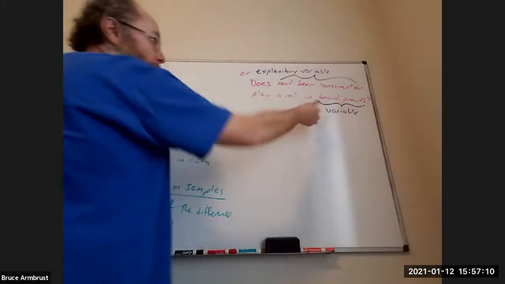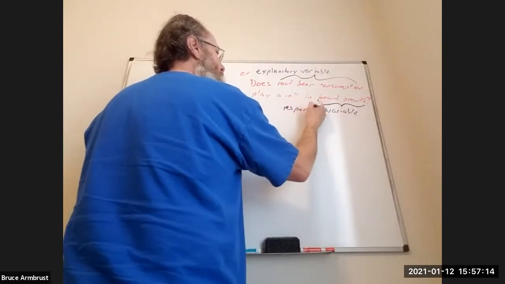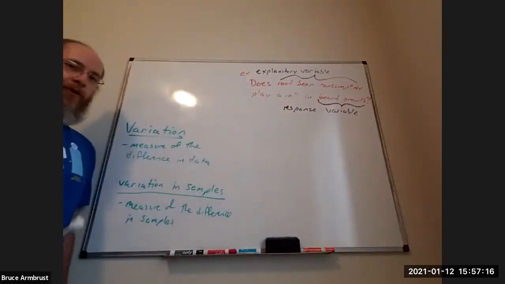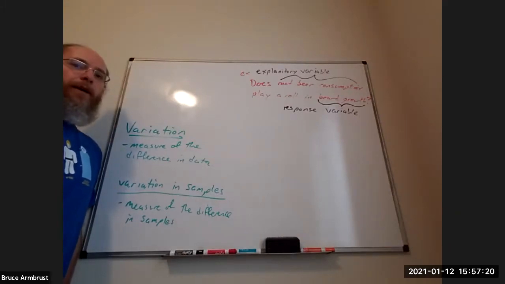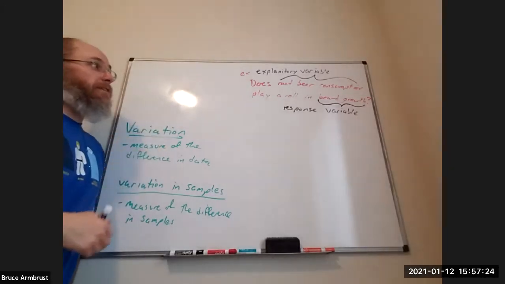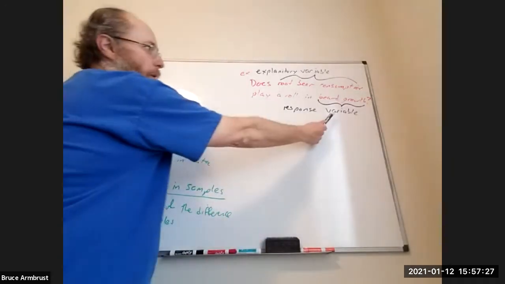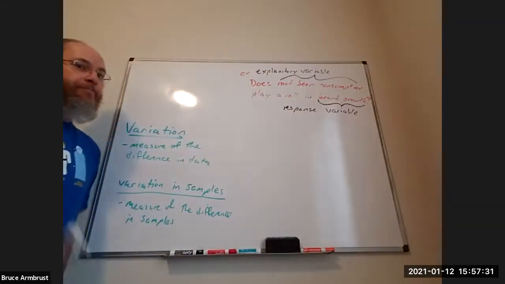The other one here, the beard growth, this is what we call a response variable. And again, that word makes sense. Think about when you respond. That's when you react to something else. And so in this case, it's: does beard growth change with root beer consumption?